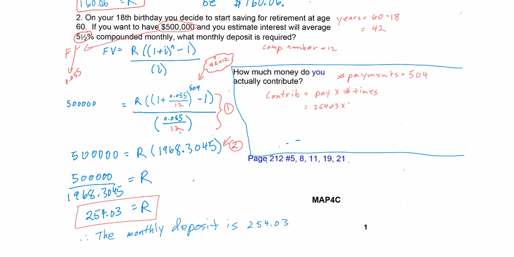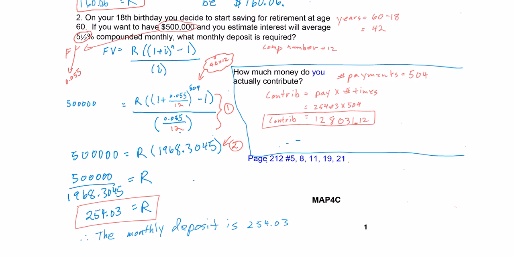Times that by 504, and that tells us we put in this complete amount of money, $128,031.12, and that is our contribution.